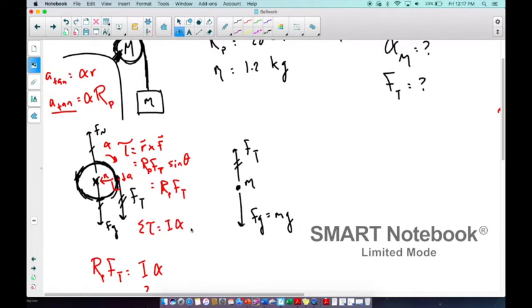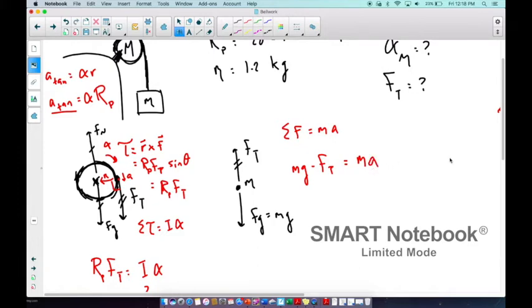So now that I've written second law rotational equations for this pulley, I can write it for my box. So I know that Newton's second law says that the sum of the forces equals ma. And I always want to think that the direction of acceleration is positive. Okay, so I'm going to say that mg minus F_T equals ma.